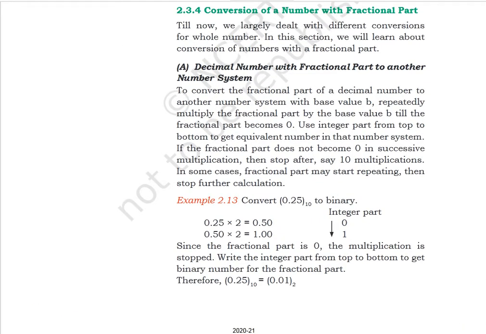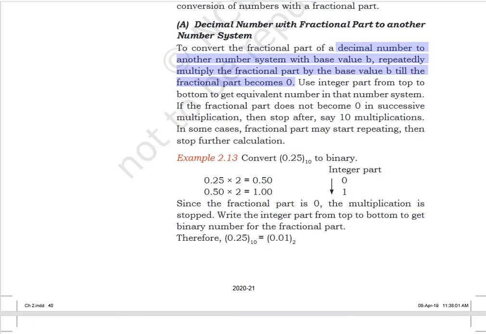We have to multiply. Here is the part: repeatedly multiply the fractional part by the base value b till the fractional part becomes 0. How many times do we have to multiply?